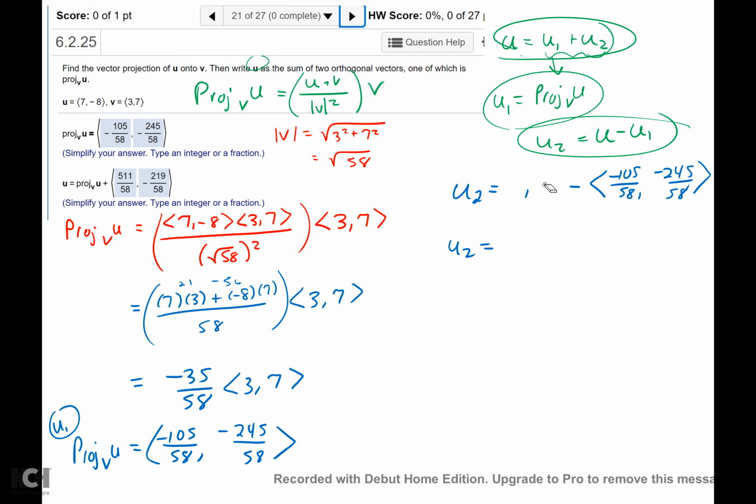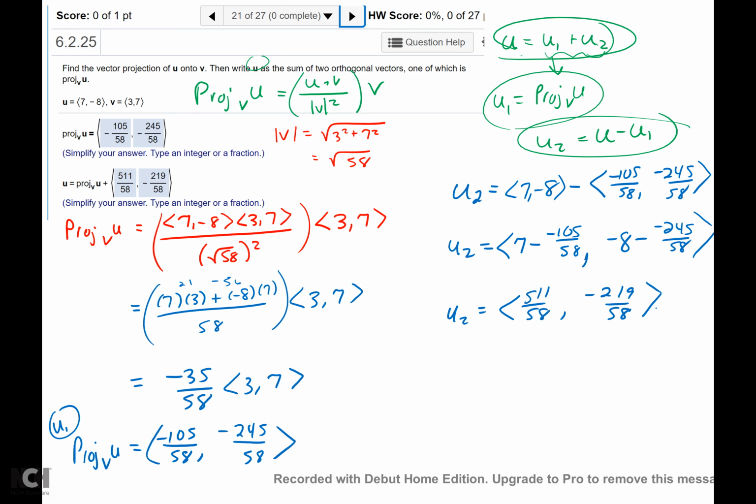I'm trying to rewrite u. Sorry. u is 7, negative 8. My bad. So u2 is going to be 7 minus a negative 105 over 58, and negative 8 minus a negative 245 over 58. That is going to give me 511 over 58, and negative 219 over 58.